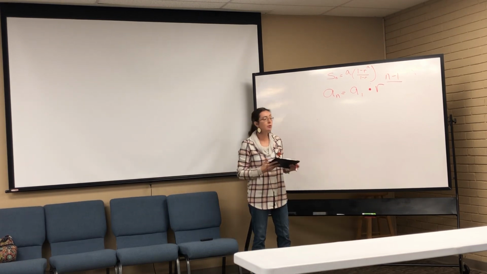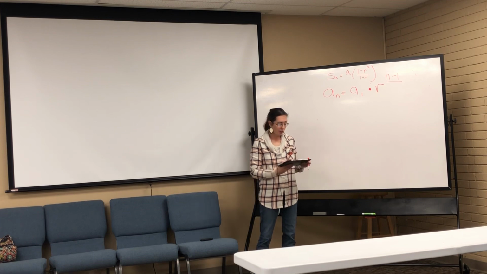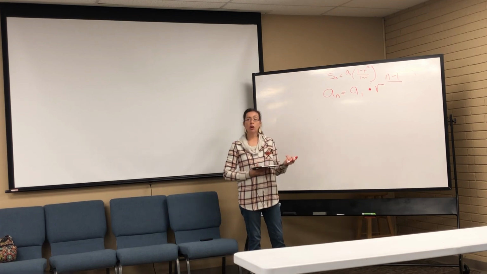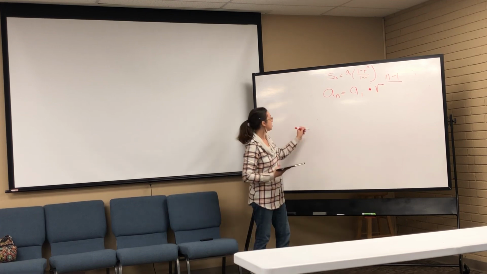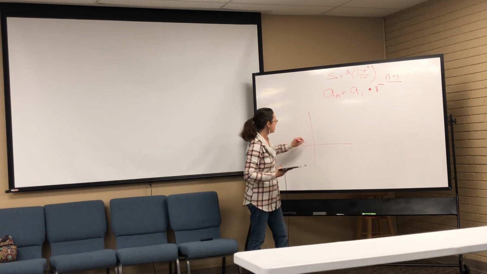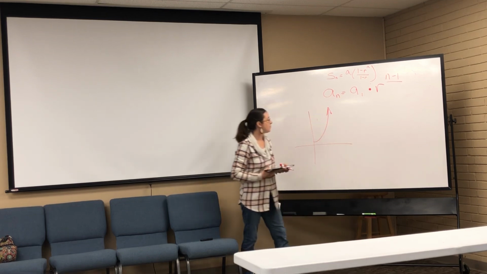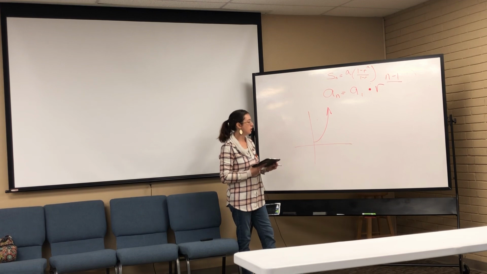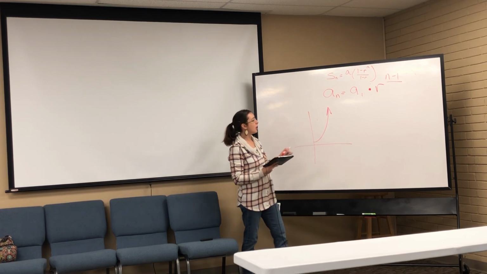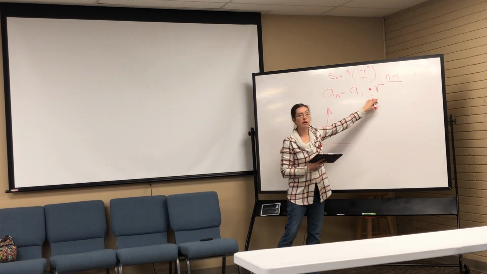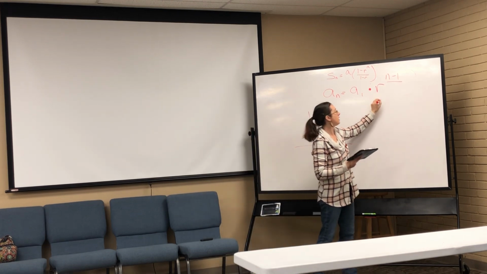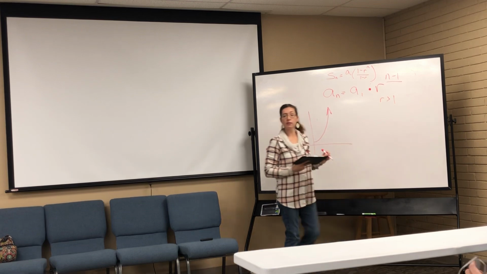When we're dealing with geometric series, there are two options. Let's look at it. When we had exponential growth, our ratio value had to be greater than 1.